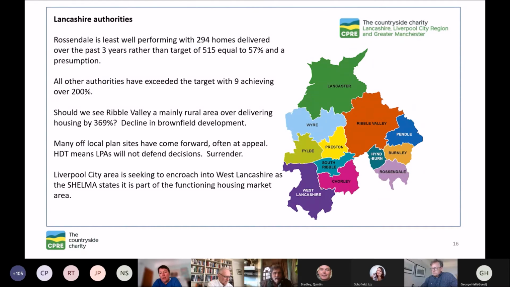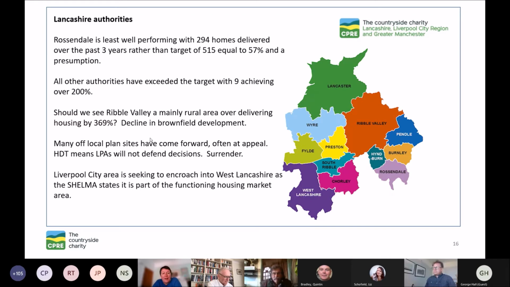Since the introduction of the National Planning Policy Framework, there is no requirement for a brownfield target, and therefore in the Ribble Valley the amount of land used for delivery of housing has reduced substantially. It's now below 50%, whereas before it was up to 97, 98%.